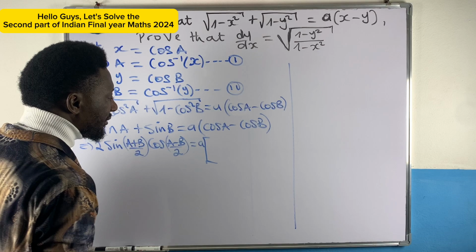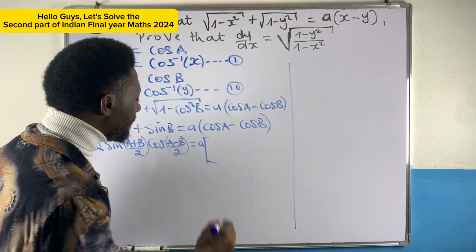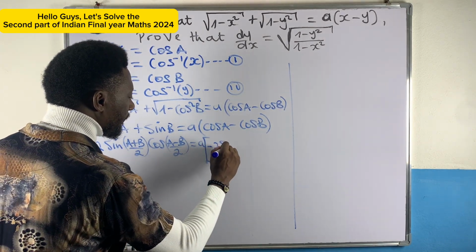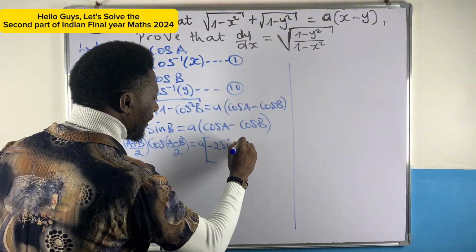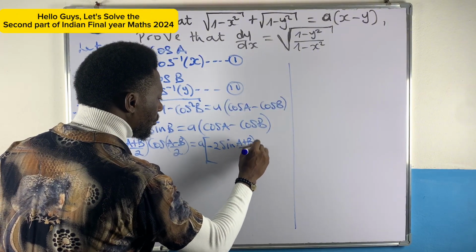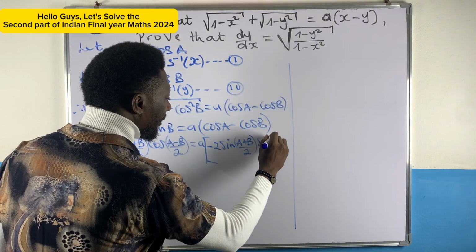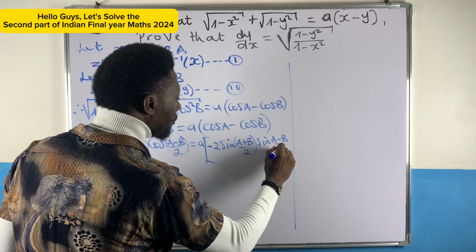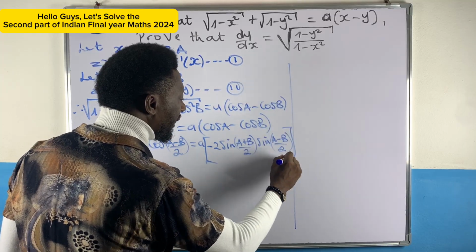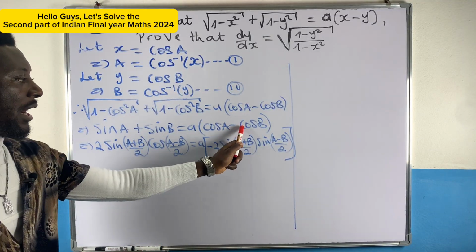I put it inside a brace. Cos A minus cos B is negative 2 sine (A plus B) on 2 sine (A minus B) on 2. So that is the factor formula identity of cos A minus cos B.